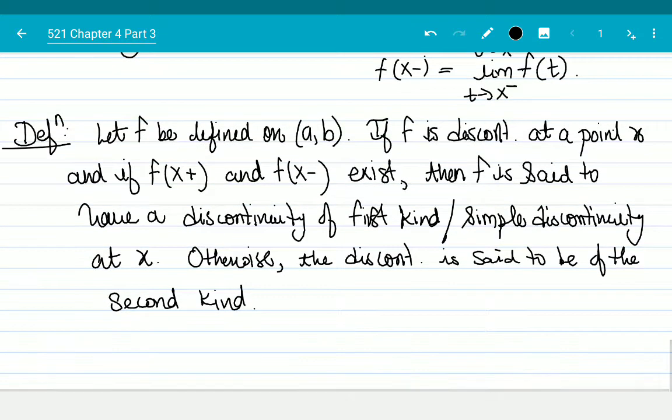Now, there are two ways in which you can have a simple discontinuity.